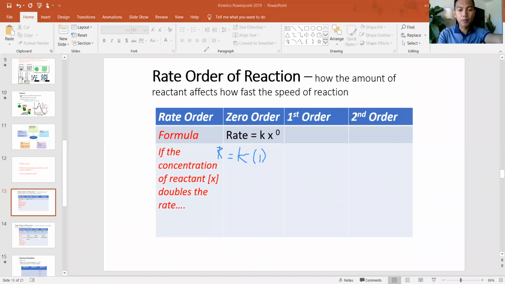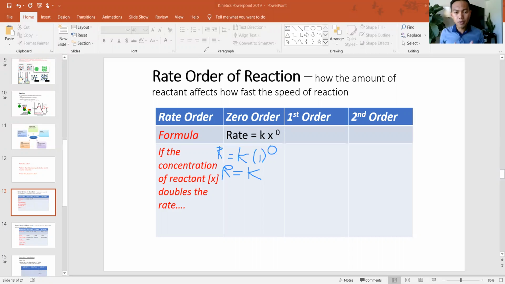If our X is 1 but it's raised to the power of 0, any number raised to the power of 0 is 1. So if that's the case, can't we conclude that R must be K? 1 raised to the power of 0 is just 1, so 1 times K is K. This tells us that R is equivalent to the constant of that reaction.